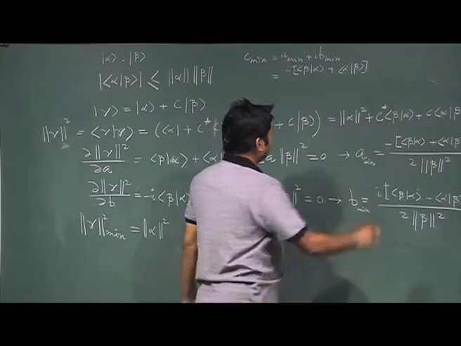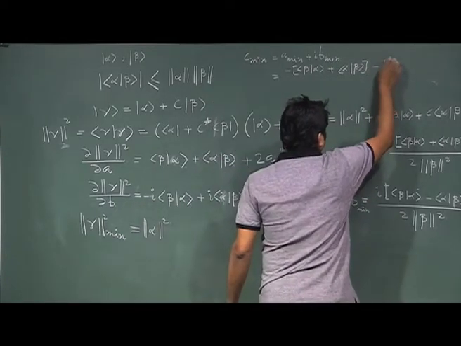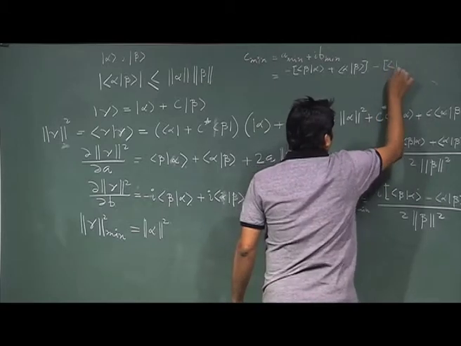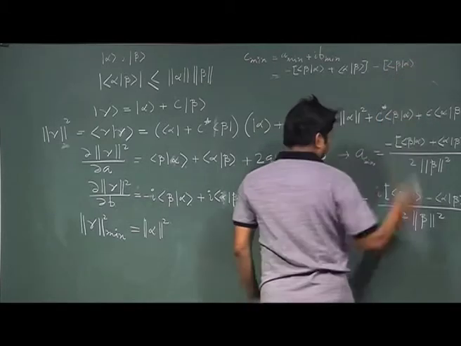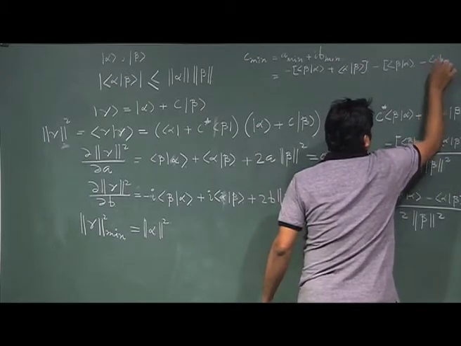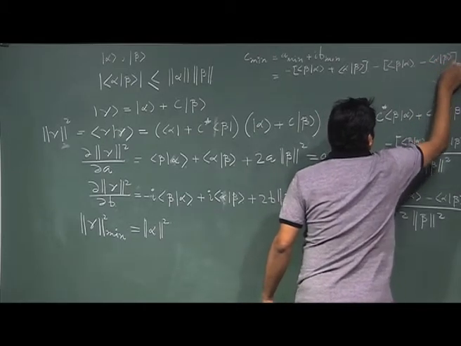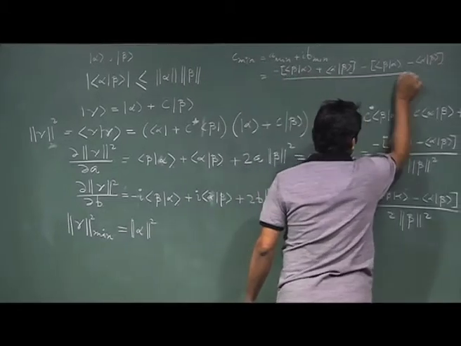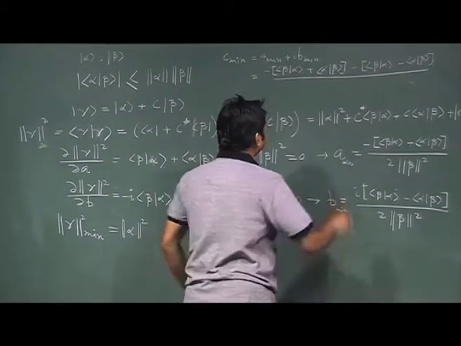So, i there will be a negative sign here, beta alpha, and this minus alpha beta, whole divided by this quantity 2.